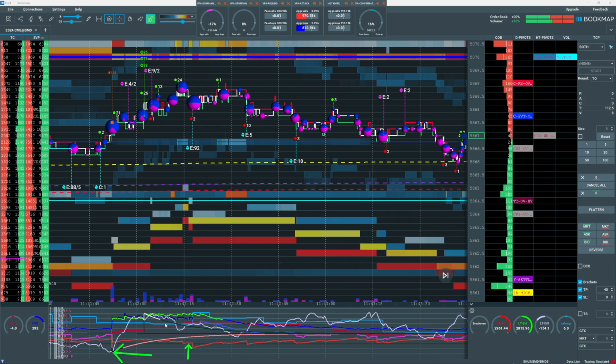So as you can see, buyers are in way more control up here, right? We have iceberg buyers, we have stop runs to the upside, and we have all kind of buying activity coming in here. We have volume coming in as well, right? Now, what we don't get is follow through. You start seeing them falling off and they're moving back down to the mean, right?